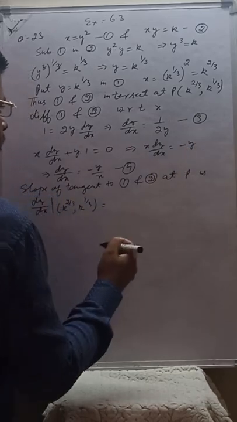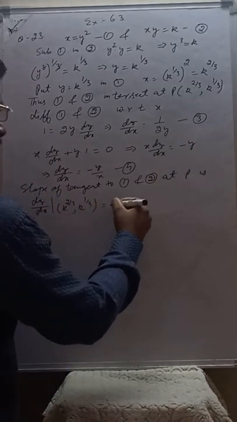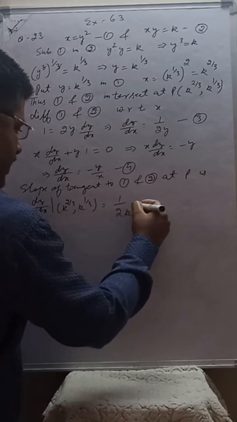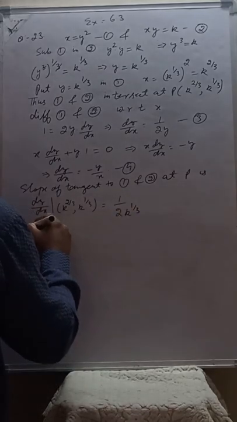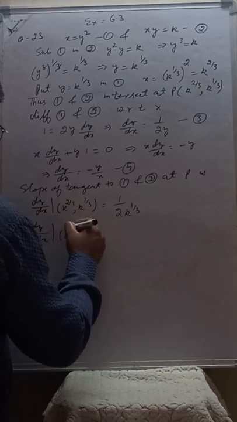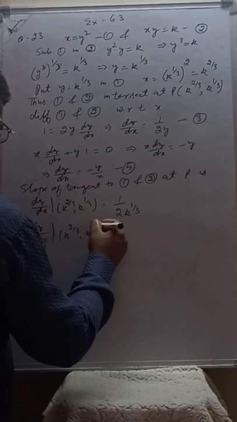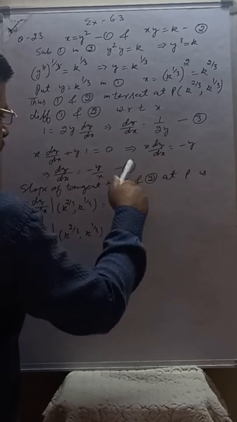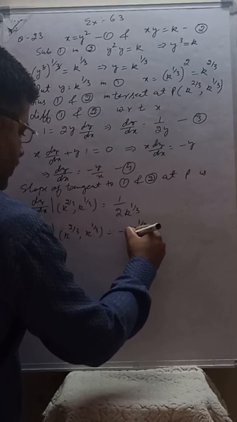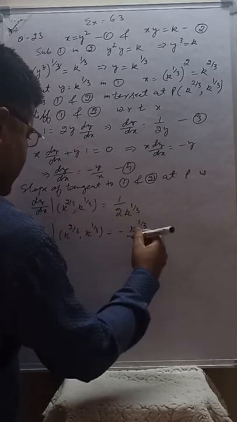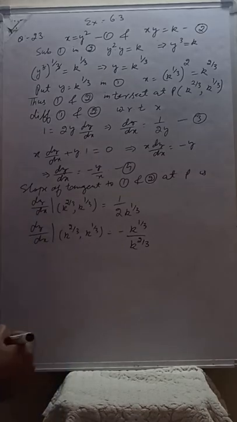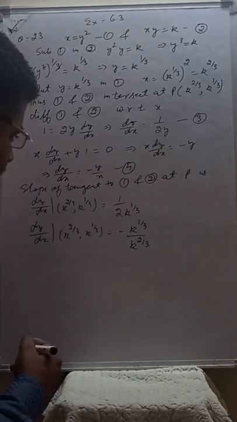The first will be equal to 1 upon 2y, and y is k^(1/3). So this is dy/dx for the first. Now dy/dx at (k^(2/3), k^(1/3)) for number 4 is −y upon x, that is −k^(1/3) upon x, and x is k^(2/3). So these are the slopes of the tangents to these two curves.